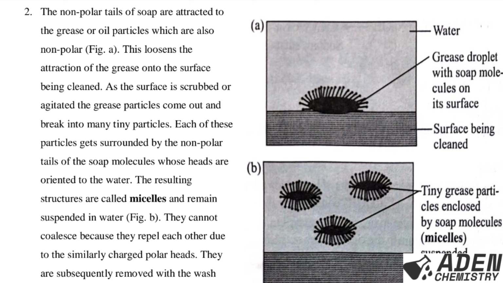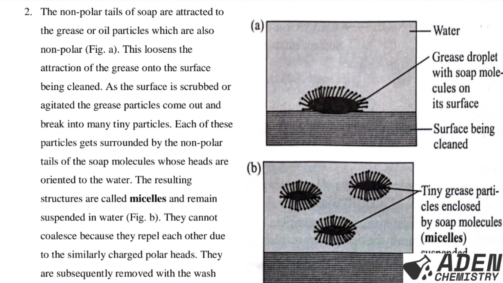As the surface is scrubbed or agitated, we are saying the grease particles come out and break into many tiny particles. Each of these particles gets surrounded by the nonpolar tails of the soap molecules whose heads are oriented to the water. And we're saying the resulting structures are called micelles and remain suspended in water.